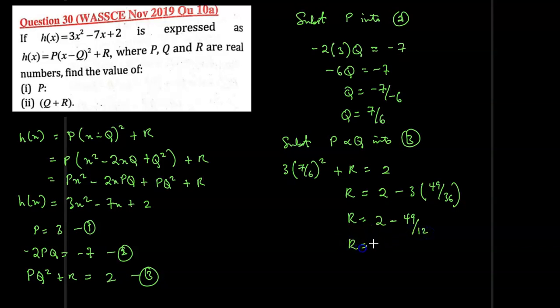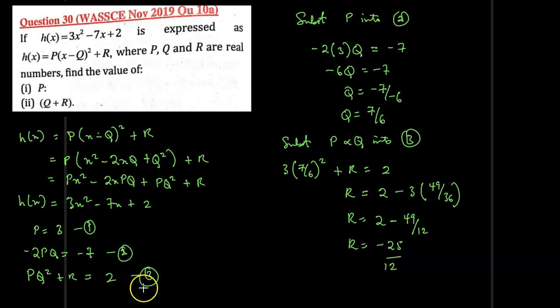So r value will finally be 2 minus 49 on 12. From the calculator, you have an answer of negative 25 on 12. So that is the second method you can use to generate the same answer.